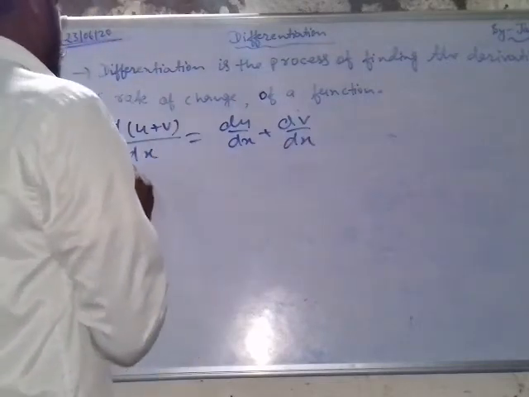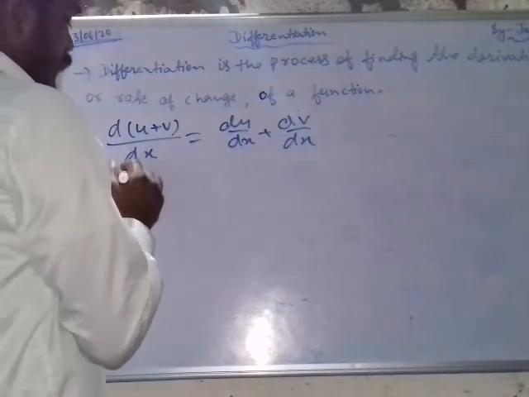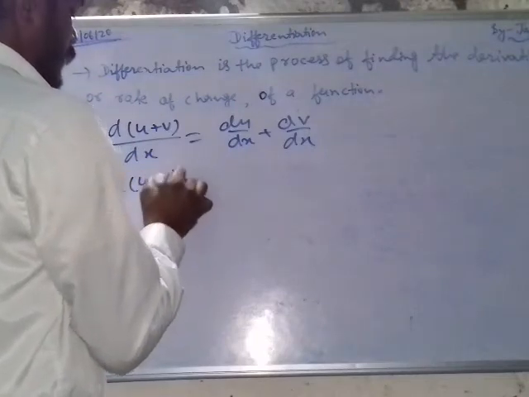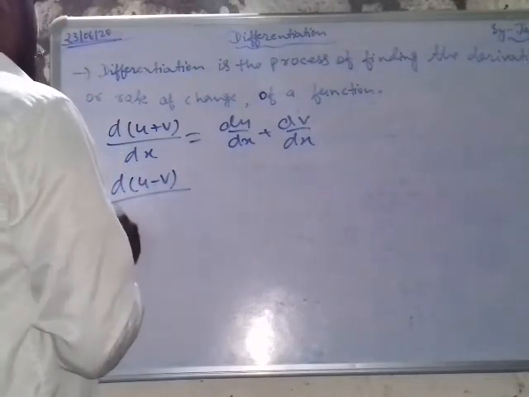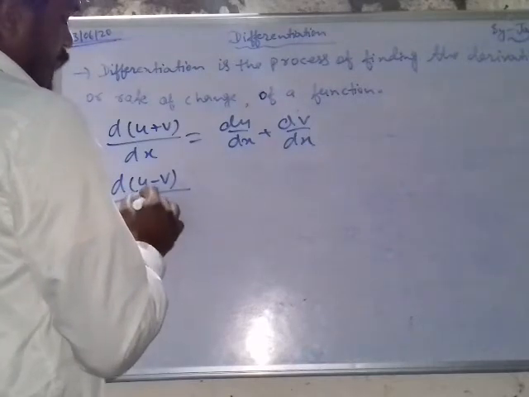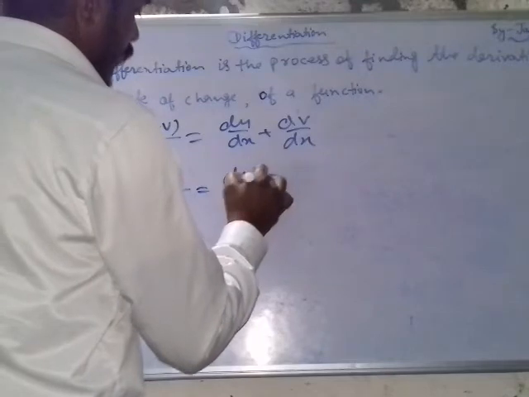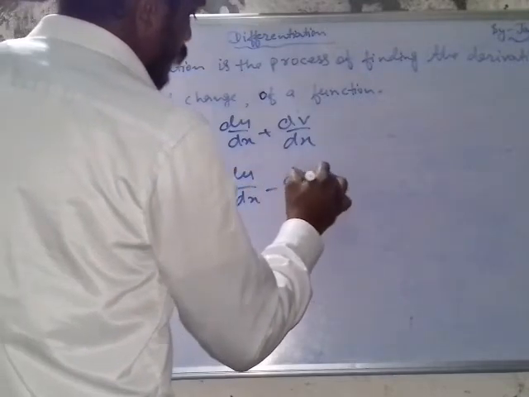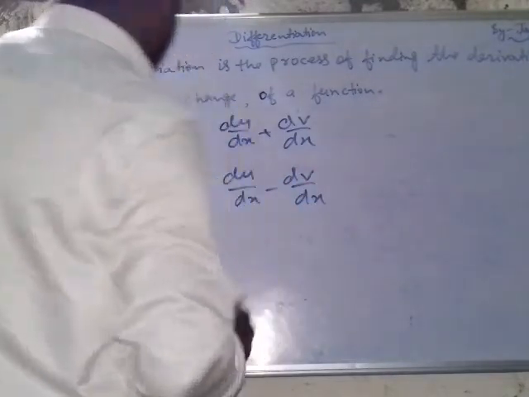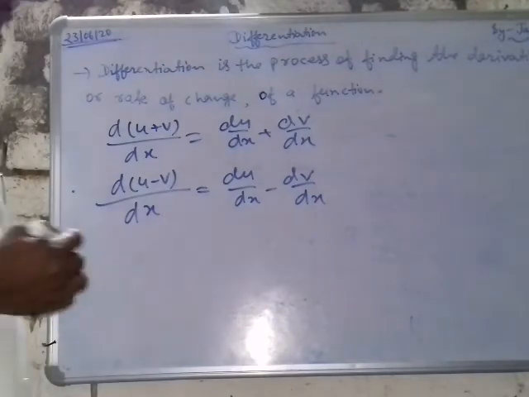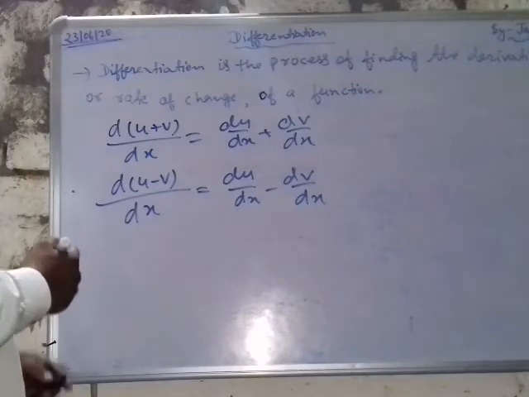If a function is given in the form of u minus v, then we use the formula d of u minus v by dx equals to du by dx minus dv by dx.